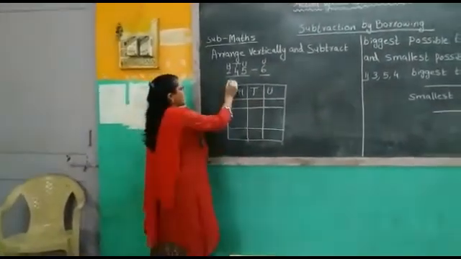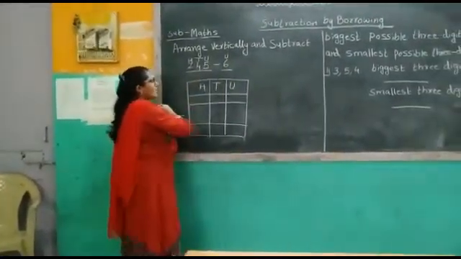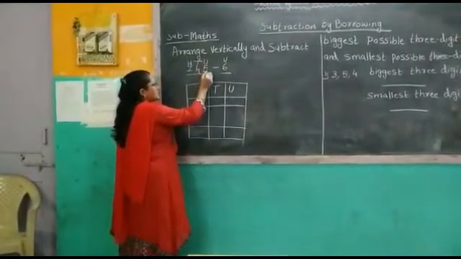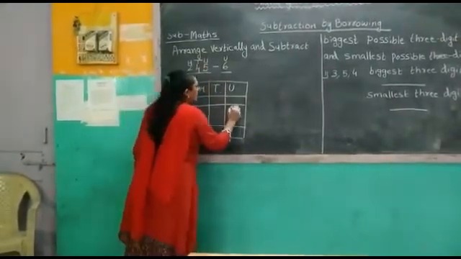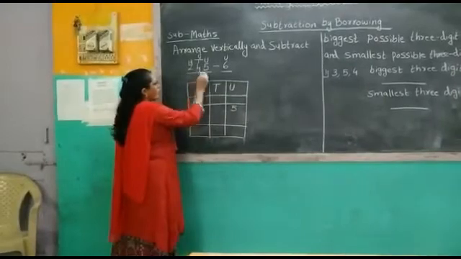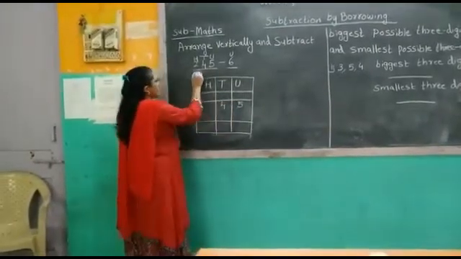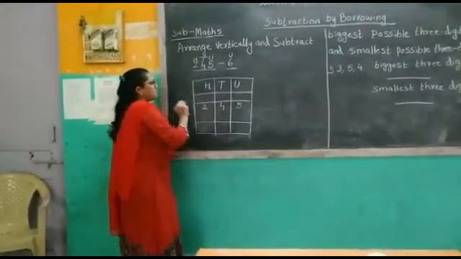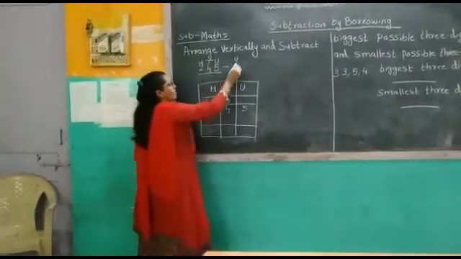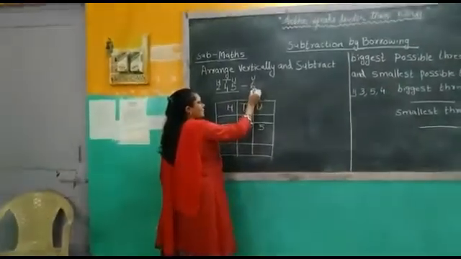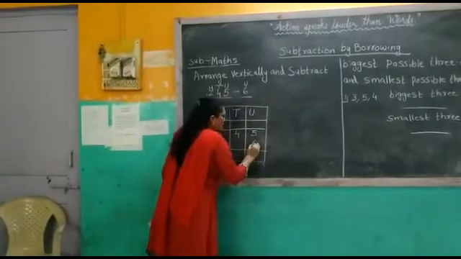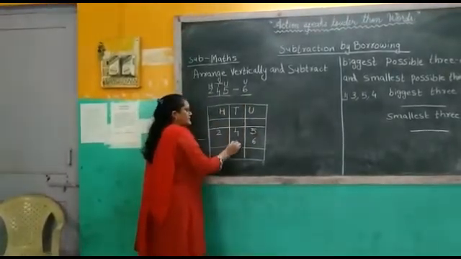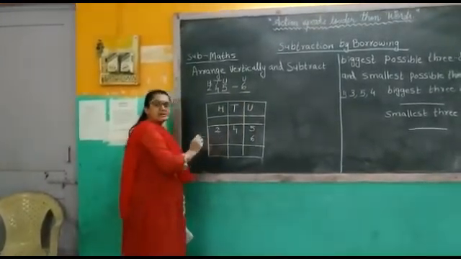So first we will write this number. Unit place number in the unit place, so 5 in the unit place, 4 in the tens place and 2 in the 100 place. And here only the unit place number is there, so we will write 6 in the unit place. There are no other numbers in the tens place and the 100 place.